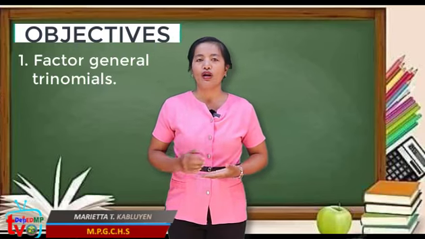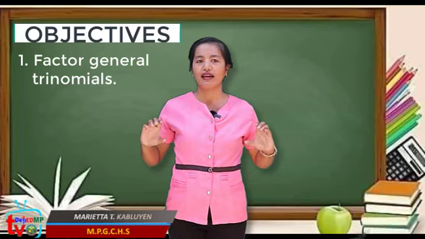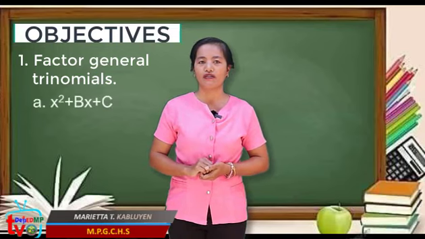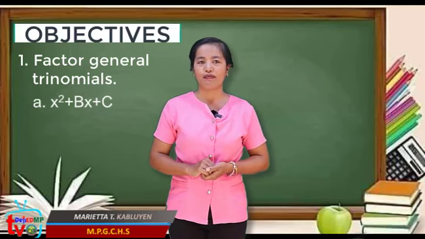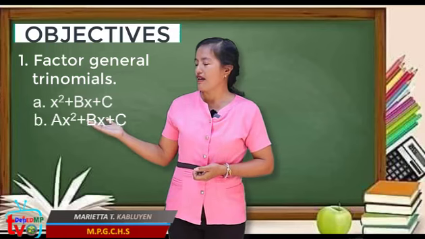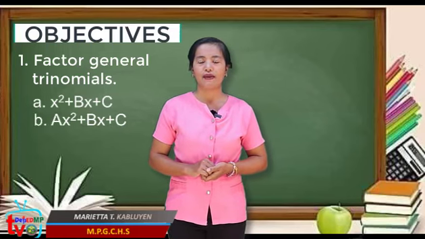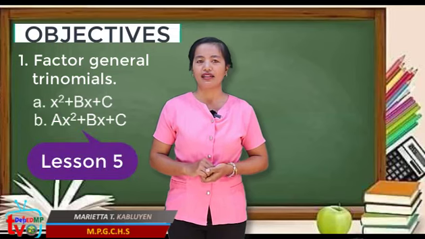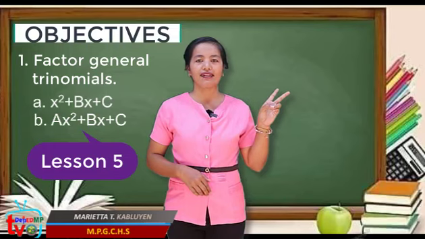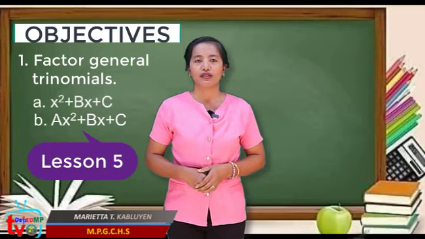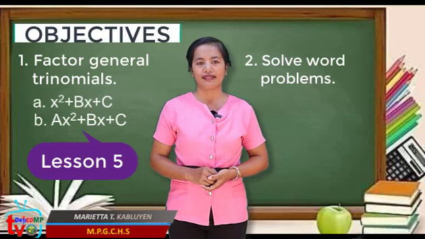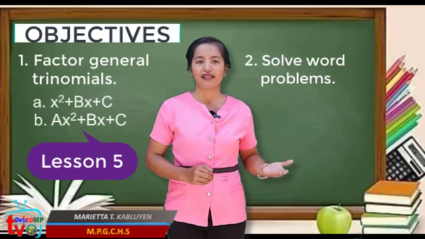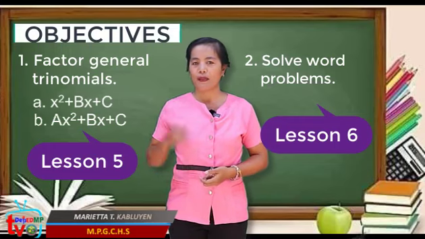In here, we will be discussing separately how to factor polynomials of the forms x squared plus bx plus c and ax squared plus bx plus c. This is labeled as Lesson 5 in your activity sheet. Second, you are expected to solve word problems involving factors of polynomials. This is labeled as Lesson 6 in your activity sheet. Let's start!